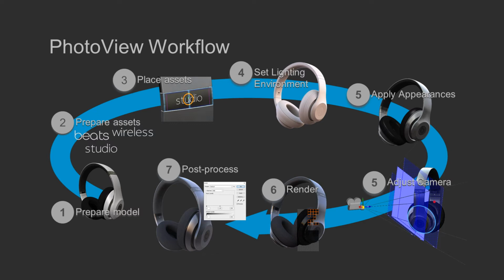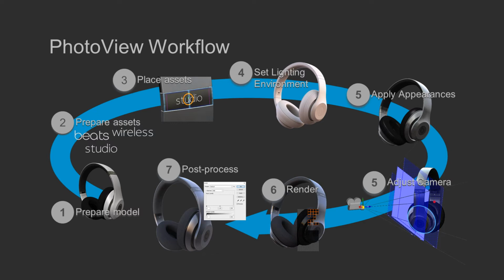Then the fourth step is setting up the lighting environment. And oftentimes this is really more important to do than just apply the appearances and then think about camera and lighting, because lighting is probably the most important step and the most important area that you can spend your time on, because it's lighting that makes your model more realistic.